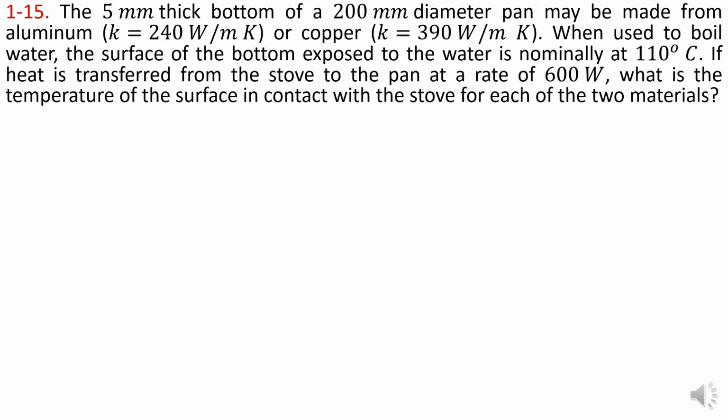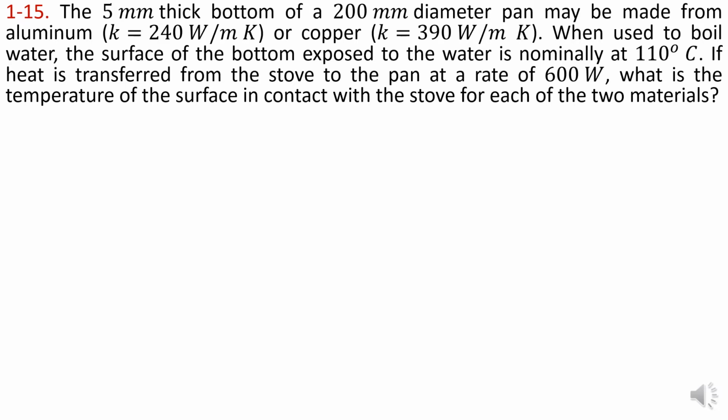Now we are moving towards another problem, which is problem 1-15 of our book, and its statement is: the 5 millimeter thick bottom of a 200 millimeter diameter pan may be made from aluminium, k = 240 watt per meter Kelvin, or copper, k = 390 watt per meter Kelvin.